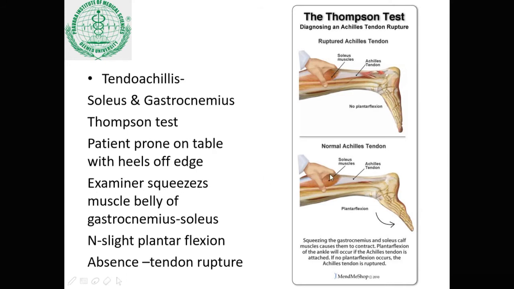Here the examiner squeezes the muscle belly of the gastrocnemius and the soleus. Normally on squeezing there is slight plantar flexion, and if the plantar flexion is absent, the tendon might be ruptured. So this is mainly tested by asking the patient to do the plantar flexion against resistance at the ankle joint, and the knee is extended.